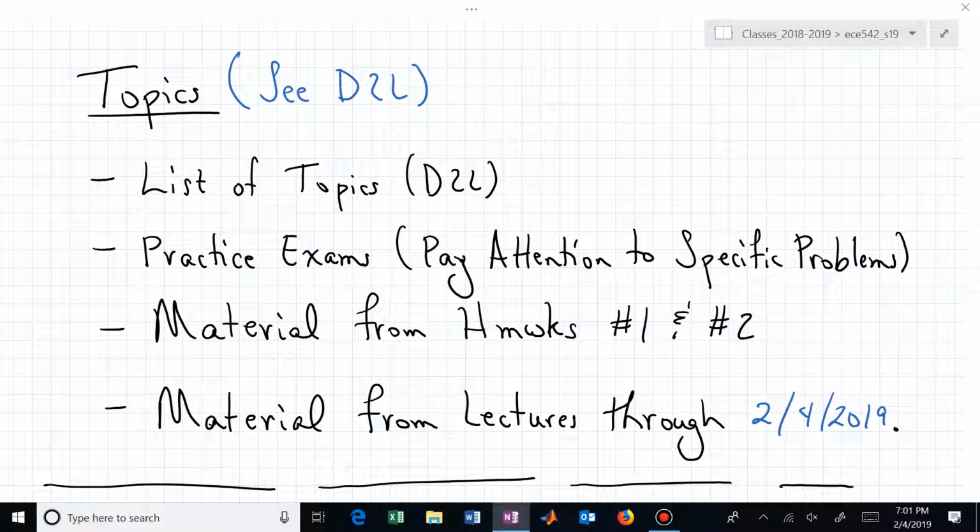A way to study would be to take some of the previous practice exams from scratch and see how well you do. Then you might start reviewing homeworks 1 and 2, and then after that go back through the lecture materials. And today's lecture that we had just before this, the main thing to focus on is really that sampling period.